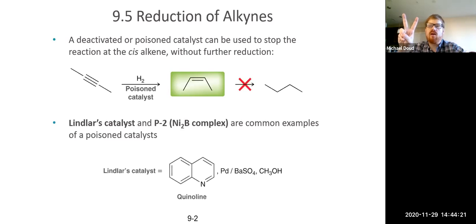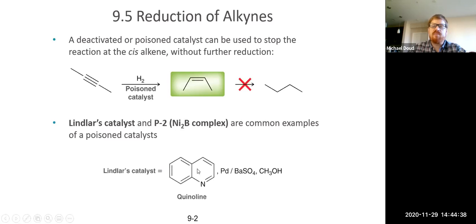But there's two different catalysts we can use for the reduction of alkynes that will stop it at this cis alkene here. There's what's called Lindlar's catalyst, and then the nickel boride complex, or P2.